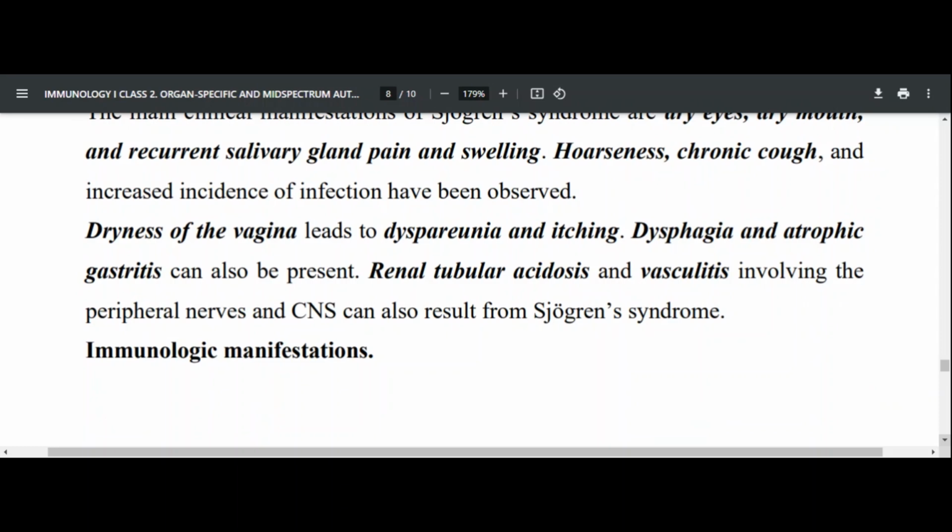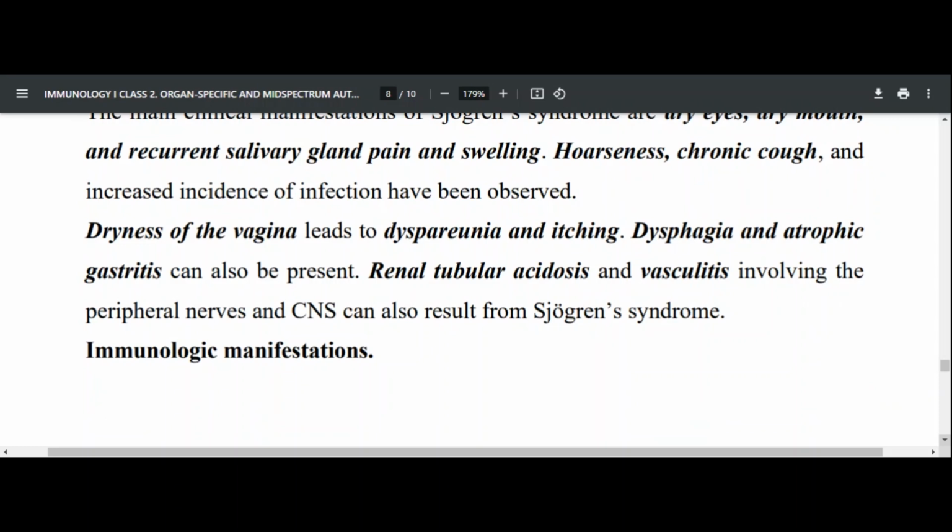There are so many manifestations. It is not a systemic disease, but it has a wider spectrum. It is an autoimmune disease which affects various parts of the body, causing renal tubular acidosis, vasculitis, and even atrophic gastritis, and so on.